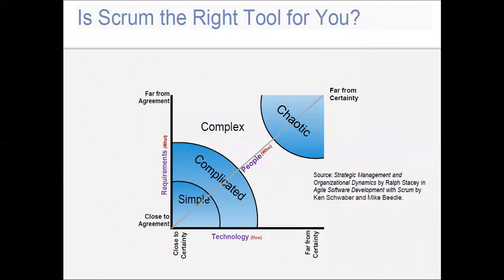If we are going to use Scrum, we should check whether Scrum is the right tool for our project or not. So we have the Ralph Stacey matrix. Using that matrix, we can know whether we should use Scrum or not. To begin with any project, we need to understand three things. First is requirements, what we have to develop, then people who will develop, and technologies, how we will achieve our goal.